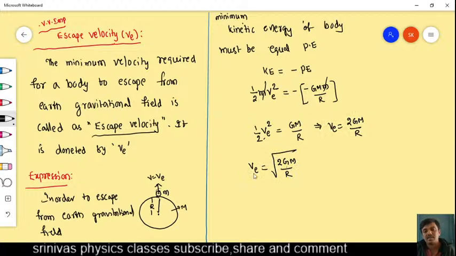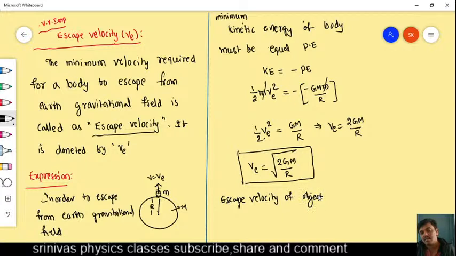On what factors does the escape velocity depend? This is the expression for the escape velocity. The escape velocity of an object depends upon the mass of the planet, that is capital M. You may find the escape velocity from the Moon also, no need to take only the Earth.